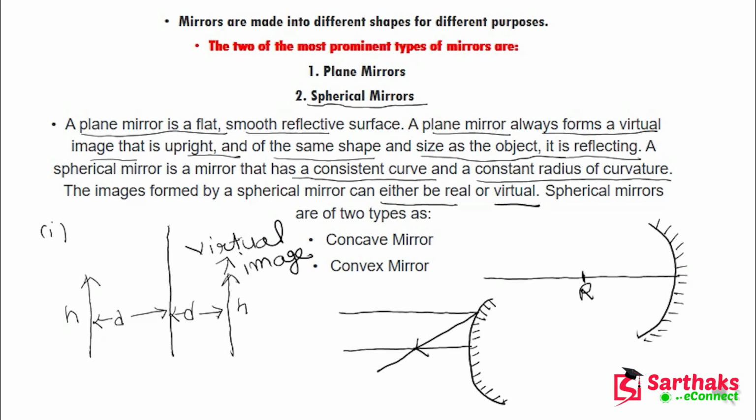It depends on the distance of the object from the spherical mirror, like where you have placed the object. Spherical mirrors are of two types, concave mirror and convex mirror. I will explain these two terms in the later slides. So let's move on to the next slide.